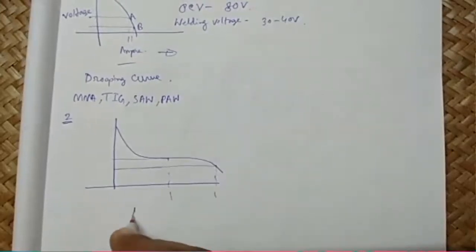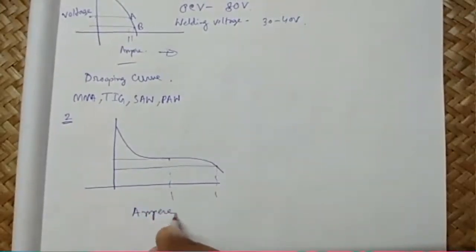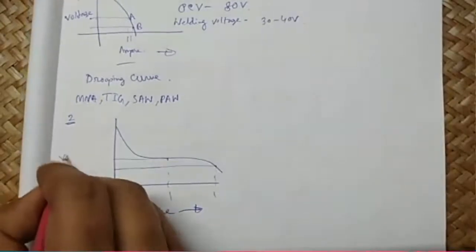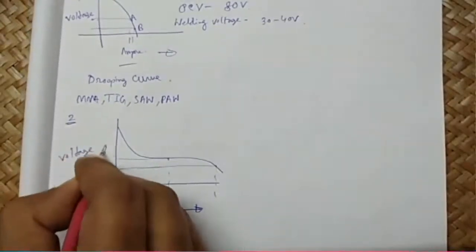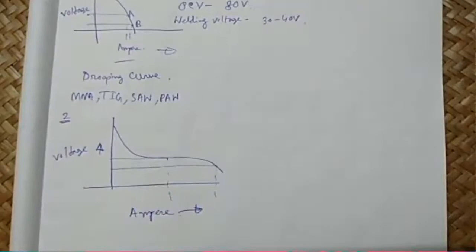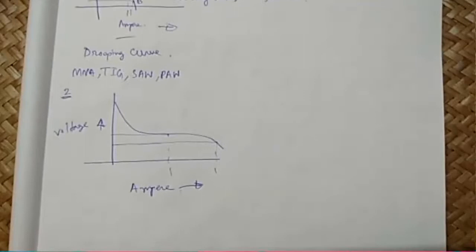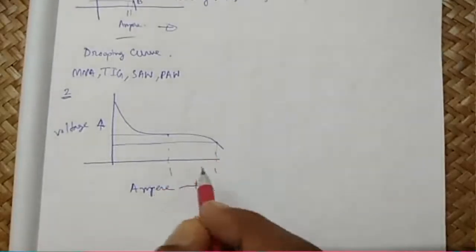This is current, this is voltage. I'm writing ampere, which is not right. It is actually current. Ampere values are giving current, so I wrote it. I do not want to cut it. I hope you understand.